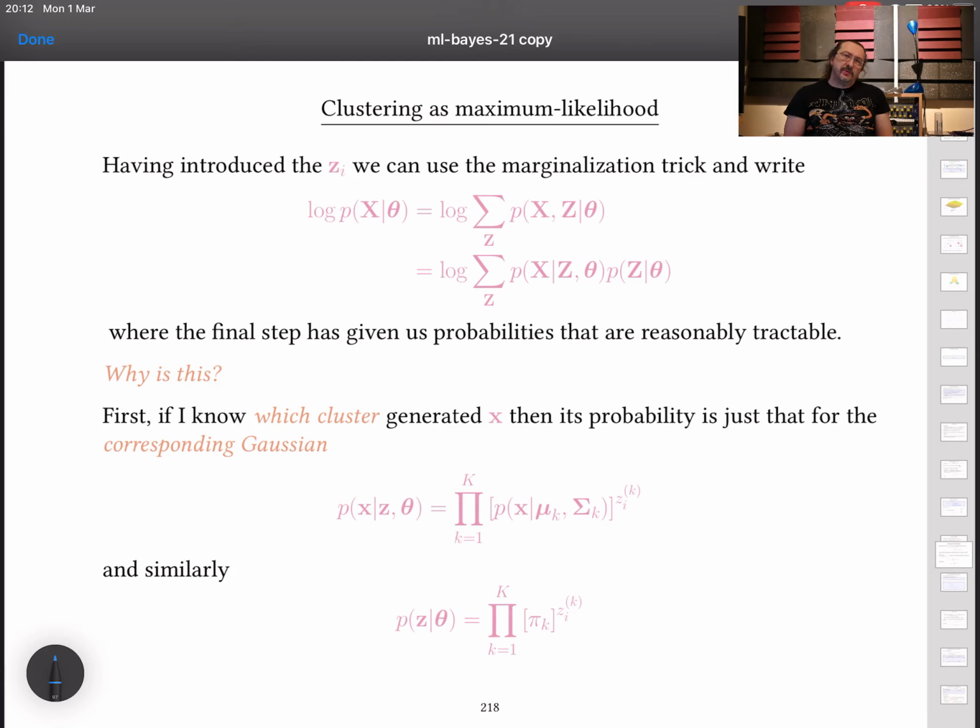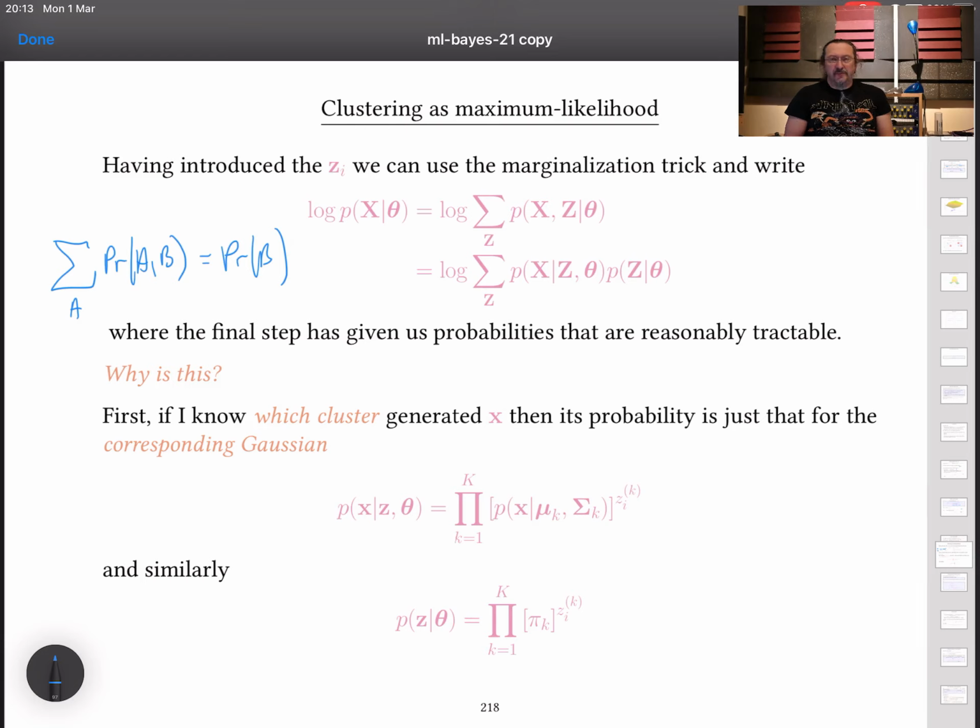So what can we now do, having introduced these latent variables? Well, the first step is to use the marginalization trick backwards. Remember, this is something that I introduced right at the very beginning, and it's in the supplementary handout on probability. Usually with marginalization, you are trying to get rid of a random variable.